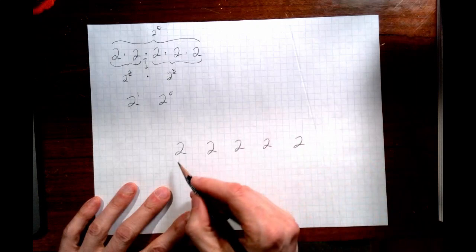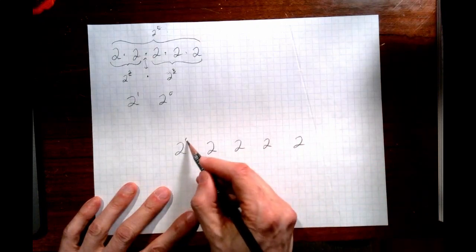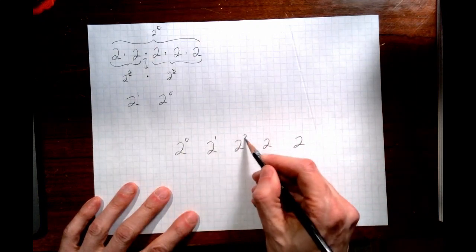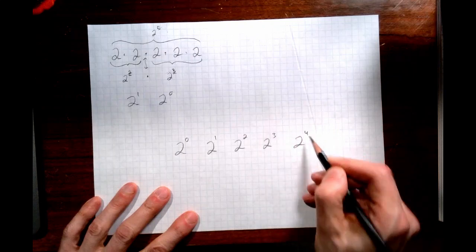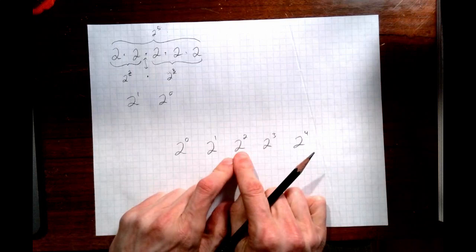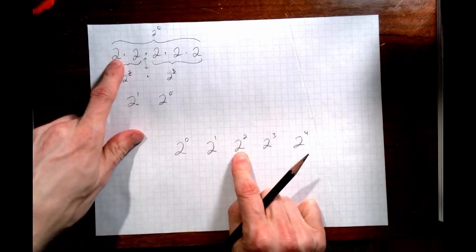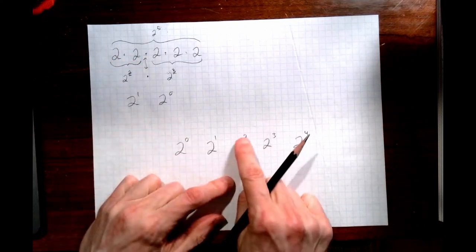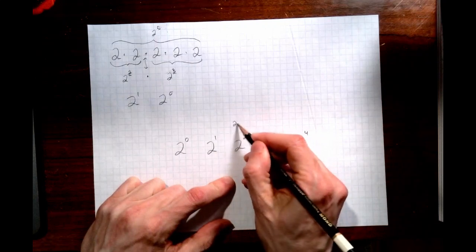Alright, so let's just say we have these. So what's 2 times 2? Well, it's 2 times 2, right? 2 to the 2 squared is 2 times 2.